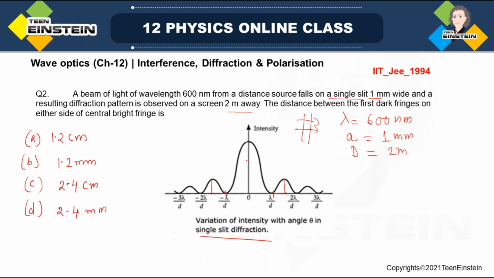The width of the central bright fringe itself gives you the distance between these two first minima. So this is the linear width.